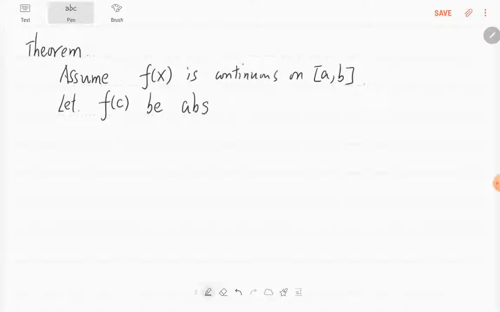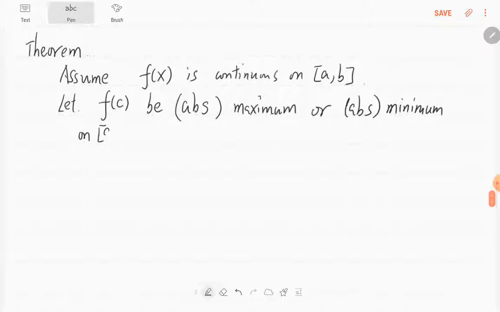Sometimes we just say maximum or minimum to mean the absolute one.